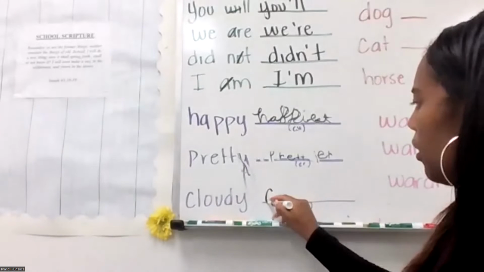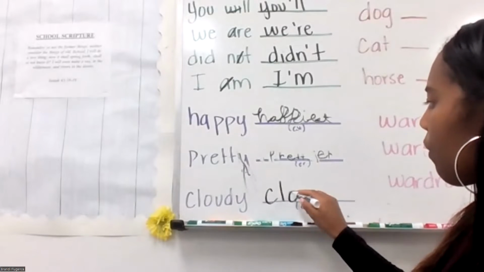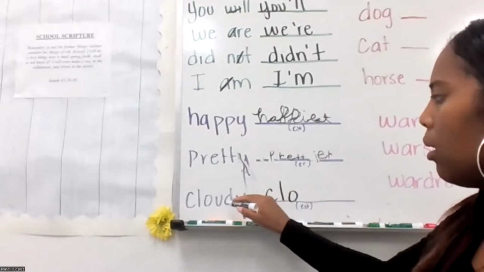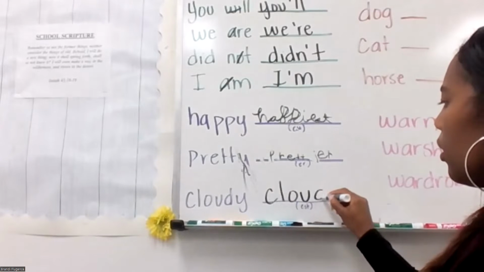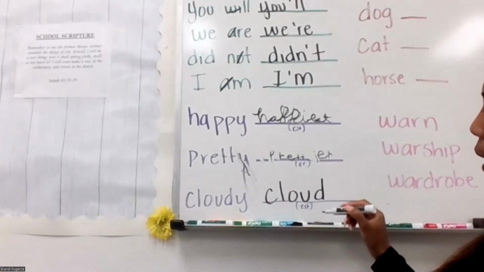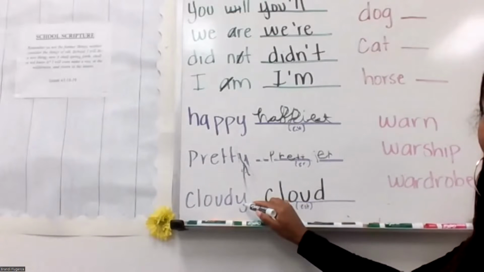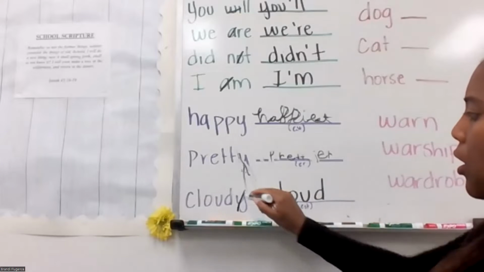C-L-O-U-D. Is the word cloudy? Yes. So what do I do to this Y before I add EST? Take it away and change it into a what?